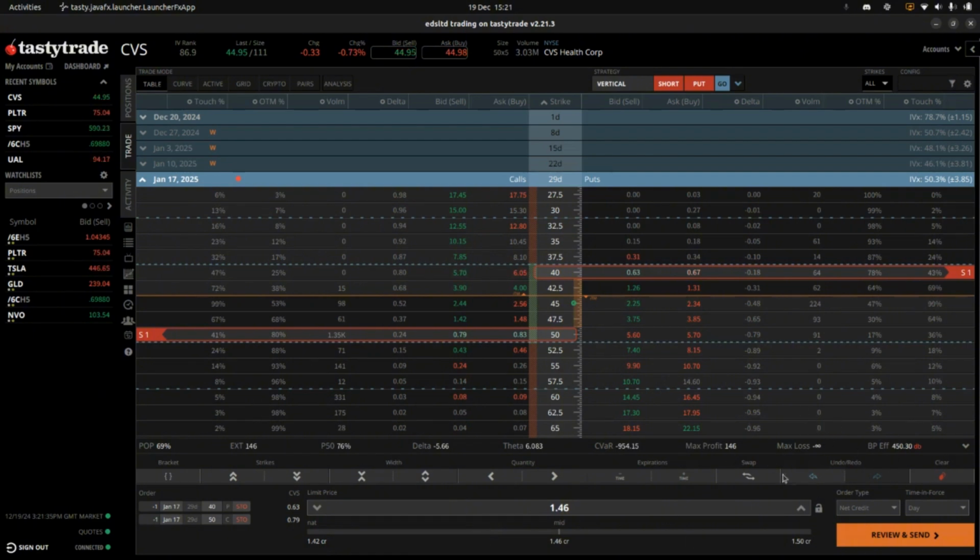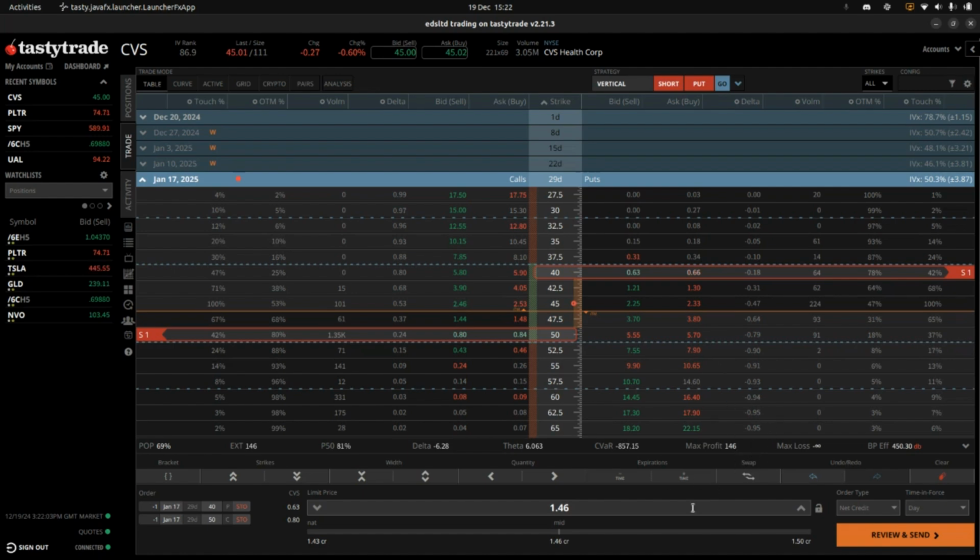Now we have an unlimited loss potential because these positions are naked. There is nothing covering these positions. These are just short, naked positions. But as long as you manage risk correctly and know how to make adjustments, etc., you won't ever need to take an unlimited loss. The broker just has to display that, because technically, yes, it is an unlimited loss potential, but we wouldn't actually take an unlimited loss.